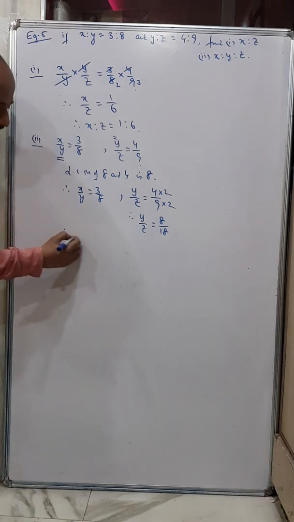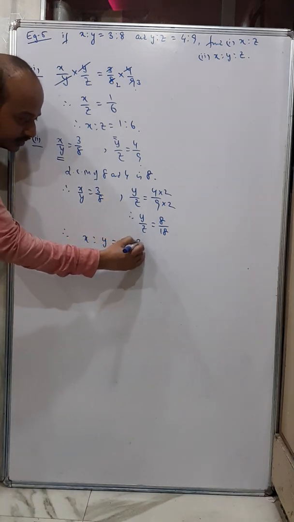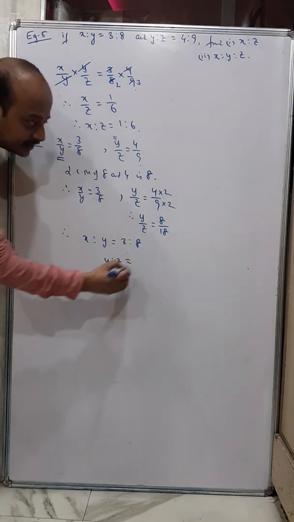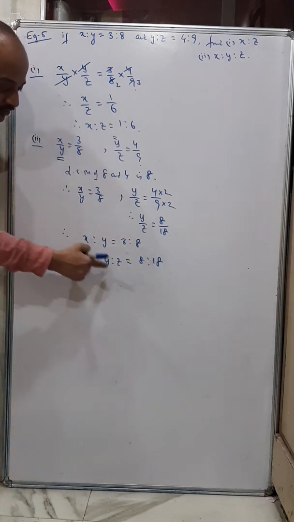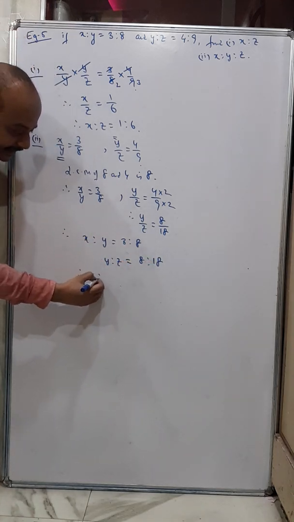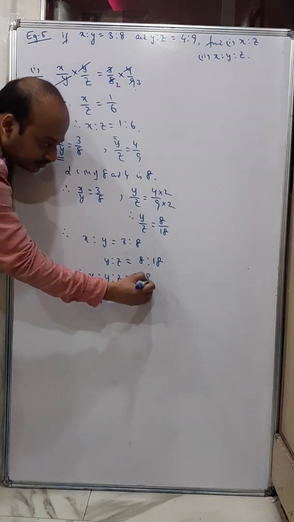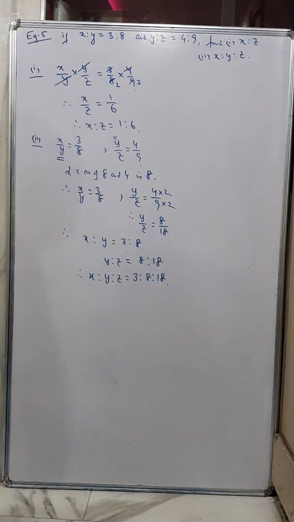So from here we can say that X is to Y is 3 is to 8 and Y is to Z is in fact 8 is to 18. Now if I combine both, I get X is to Y is to Z is equal to 3 is to 8 is to 18. Okay, understand?